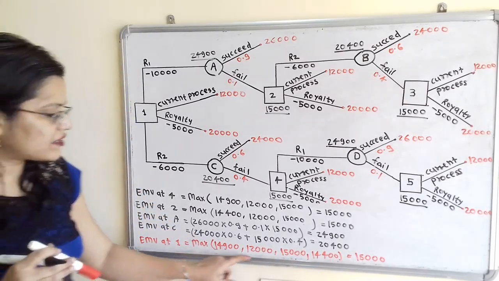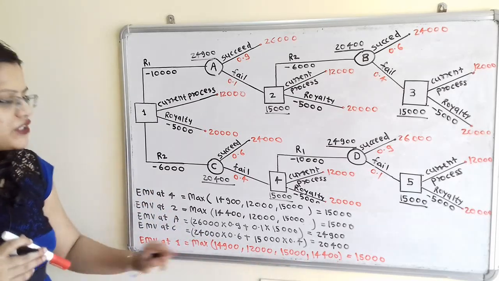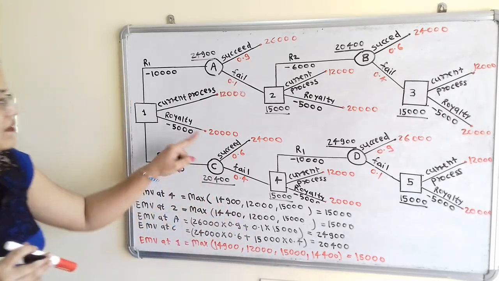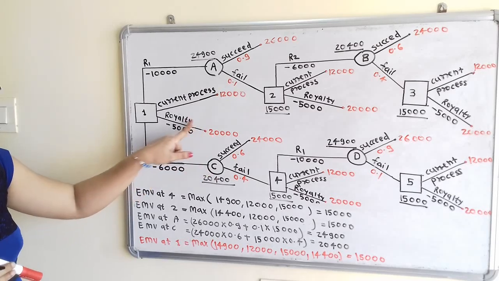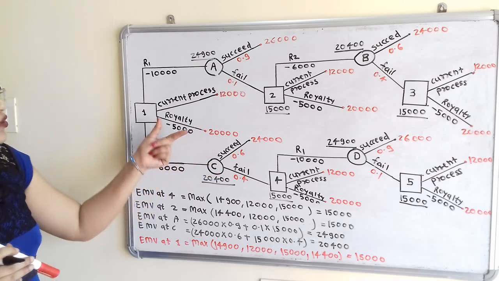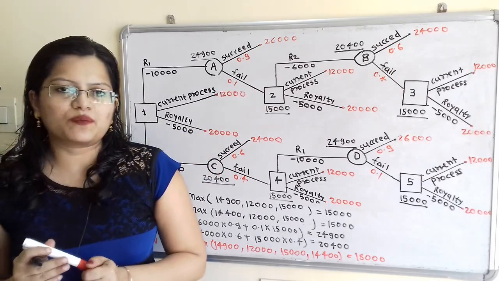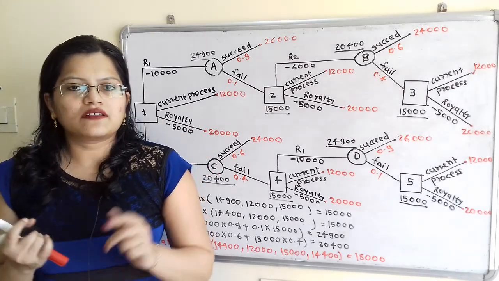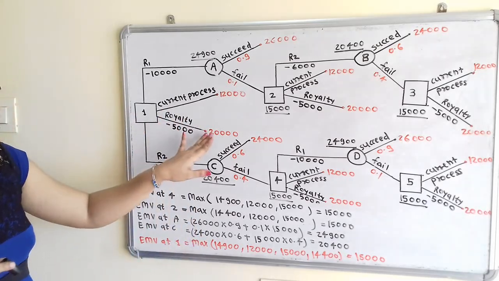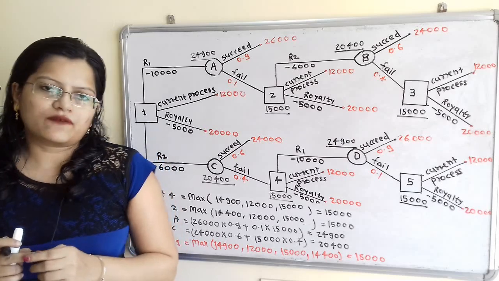Now we have to select the maximum value among these 4. So for these 4 values, the maximum value is 15,000, and it is for pay for royalty 5,000 and profit will be 20,000. So this is the maximum expected profit. So the decision maker or company should decide to pay for royalty and earn the profit of 20,000.